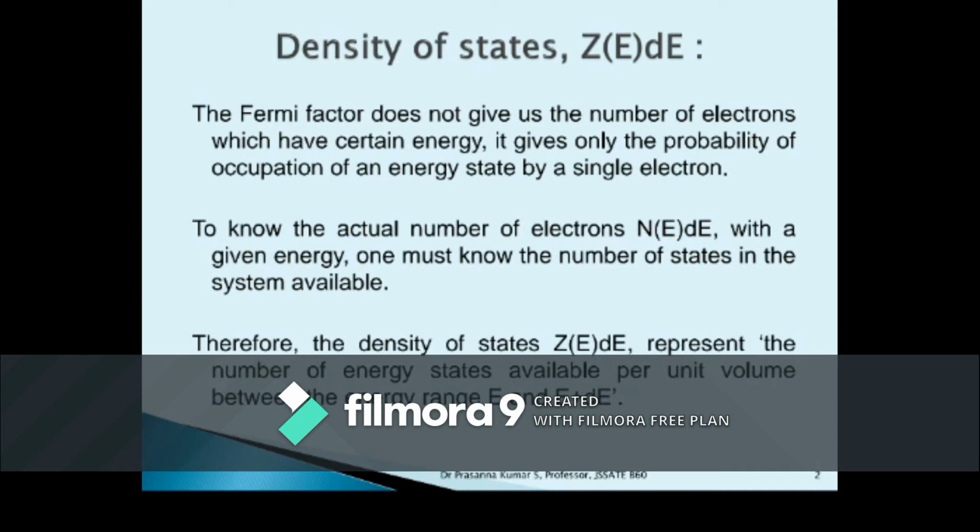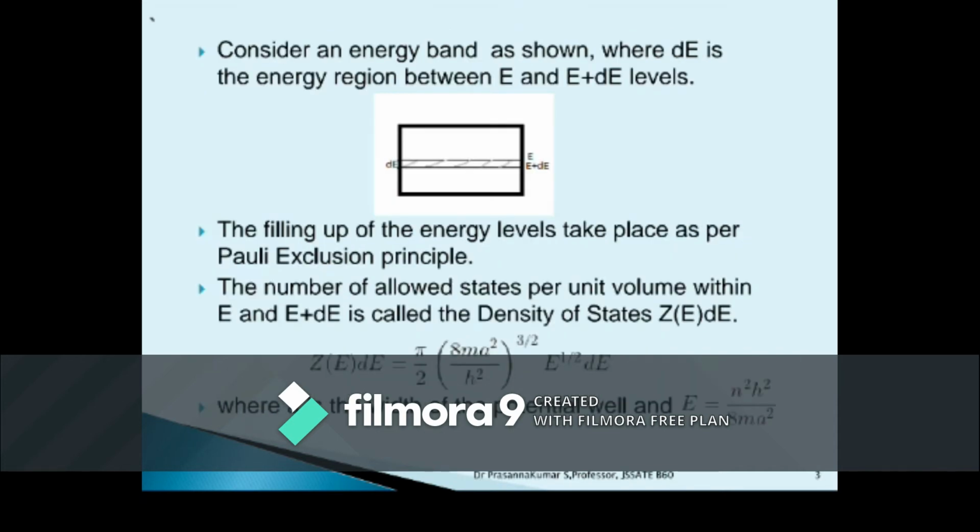I told you N of E dE is the actual number, the practical value. How many are present depends on the available density of students sitting in the states. If the students sat on any desk, it means it is available. Like that, look here.